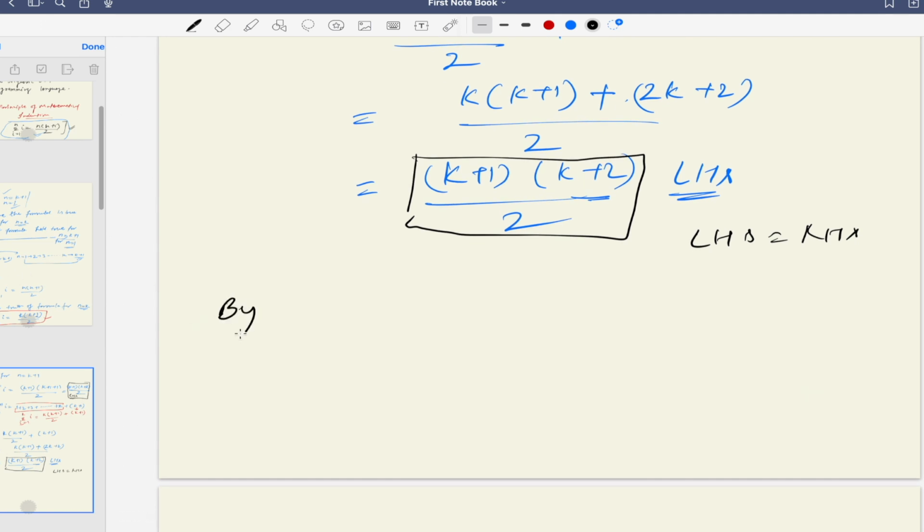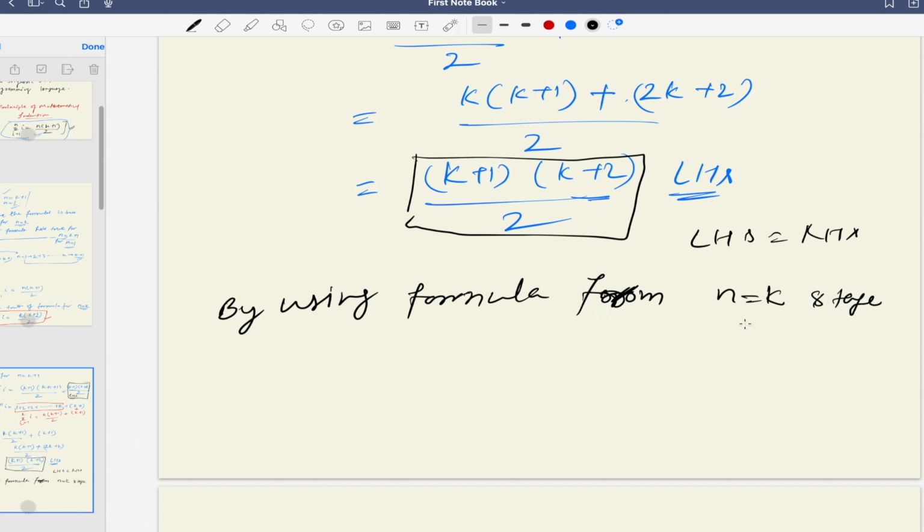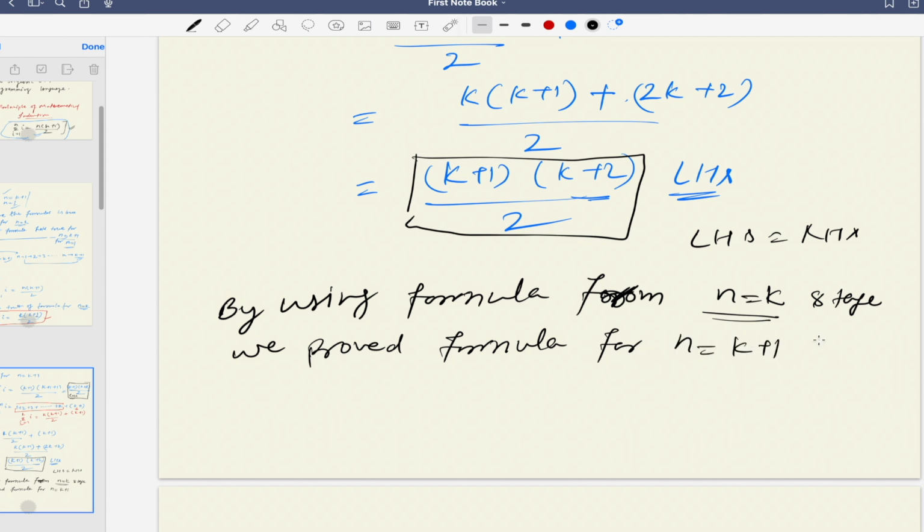So by using the formula from the n equals k stage, actually we assumed that this was proved, so we take the help of n equals k, and we prove the formula for the n equals k plus 1 stage.